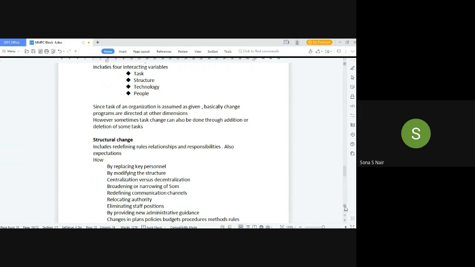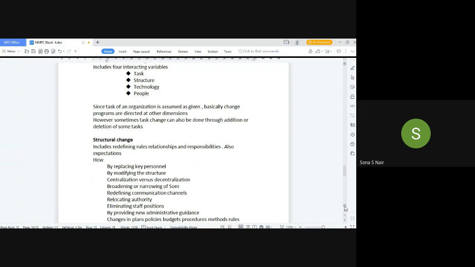Wherein, if there is a need, we are replacing key personnel. If we feel that there is one level of organization which is not required, there is a line of managers in between who are actually slowing down the work rather than helping them out, because the basic work is being done by the workers and the supervisors, and we just need the middle level people to handle them. And there is a whole level of lower level managers which is there. We might do away with them.